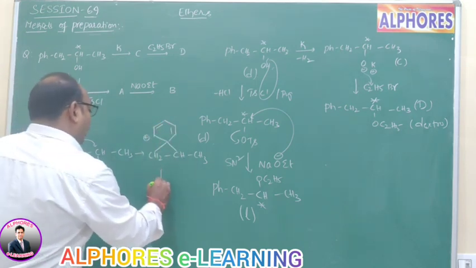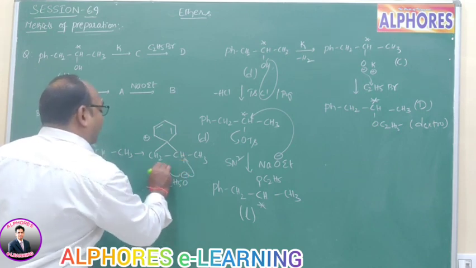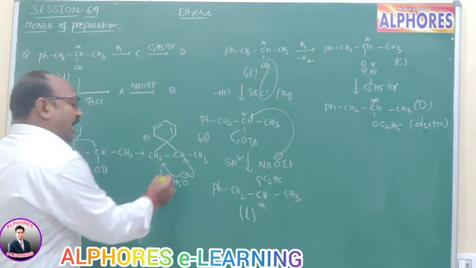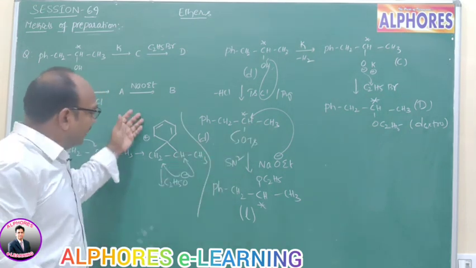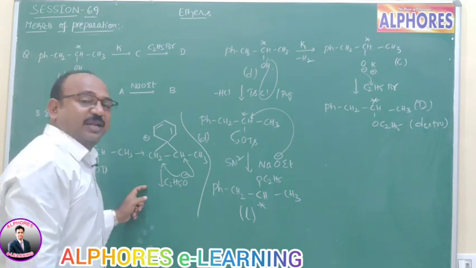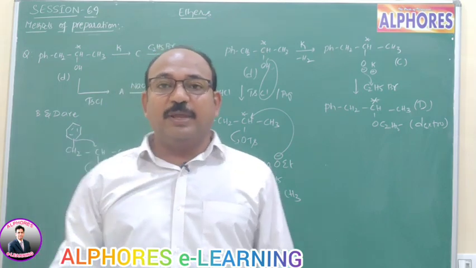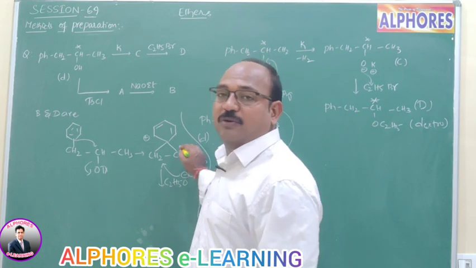Now C2H5O minus may come and attack this one also. There are two possibilities here, which means these two are not the only products; further products are possible. Because of anchimeric assistance, you may get retention of the compound also.